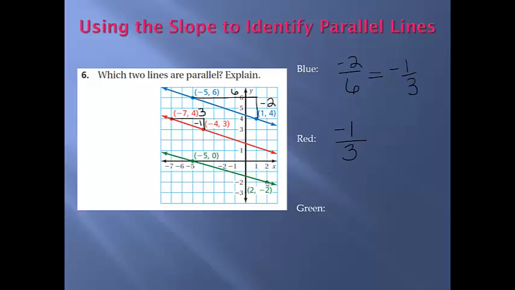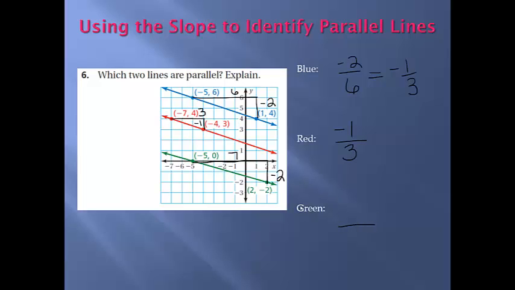And now let's look at the green line. So for the green line, let's do the same thing again. We're going to go over 1, 2, 3, 4, 5, 6, 7. And then we're going to go down 1, 2. When we go down, remember that's a negative, so -2.